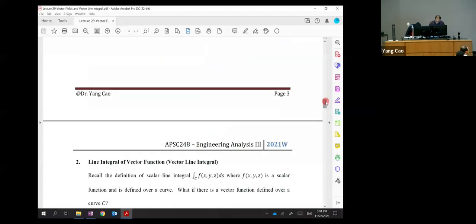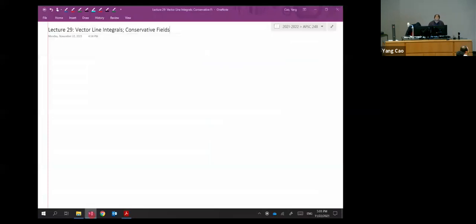So today, let's look at what we can do within a vector field. The first thing we'll look at is the so-called vector line integral. I'll start with a simple example, and then we'll lead into a general expression of a vector line integral.